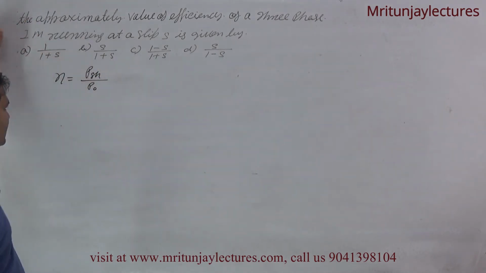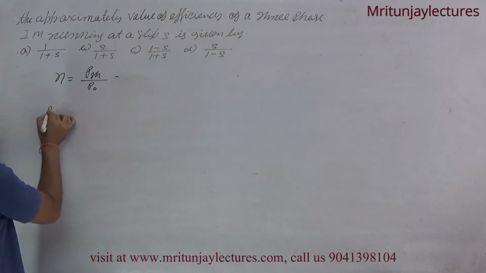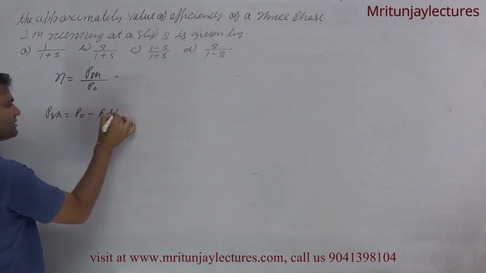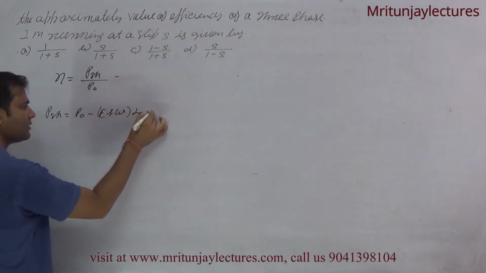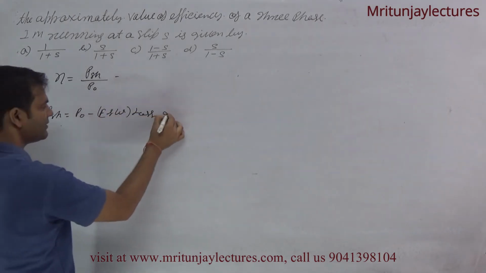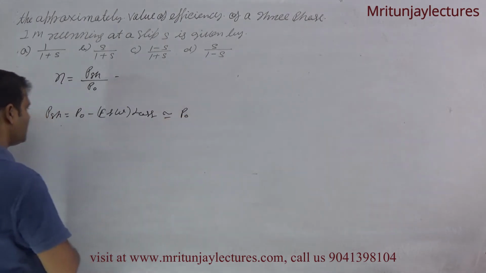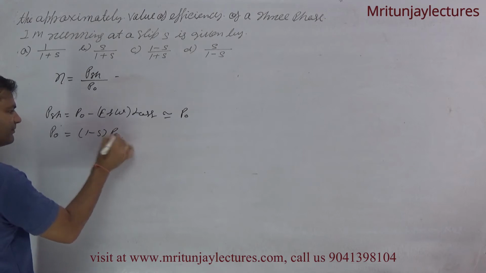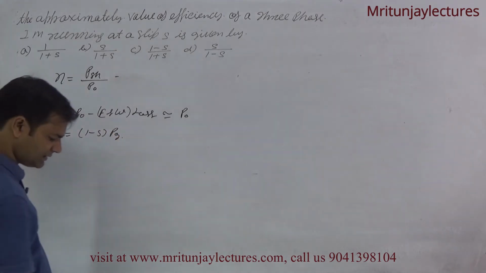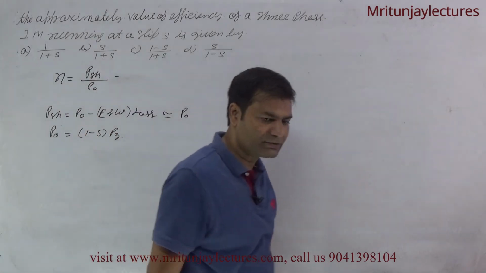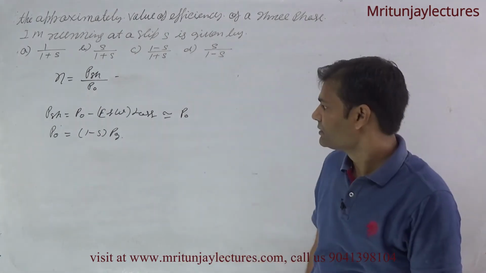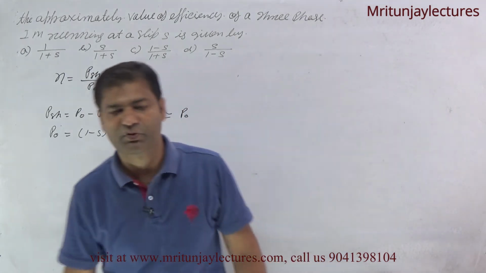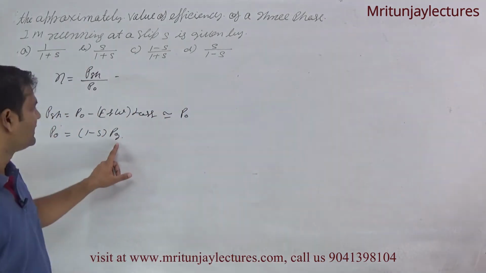And P_SH, the shaft power, is P0 minus friction and windage loss. This value is very small, so you can write it as P0, and P0 is equal to (1 minus S) into PG. Clear? P0 is the gross mechanical output power, written as (1 minus S) into PG.